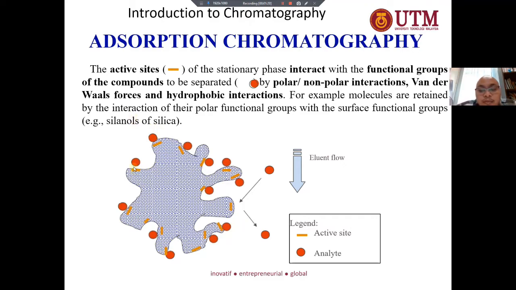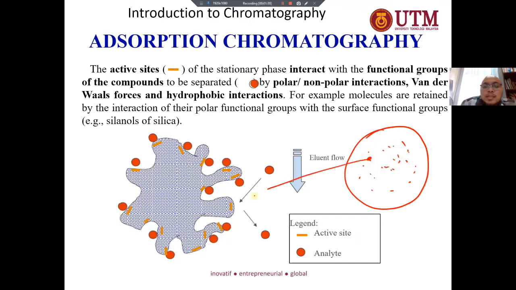If we imagine the column, we have solid particles. This solid particle is probably like this. If we use a microscopic technique, we can see maybe the structure appears like this.